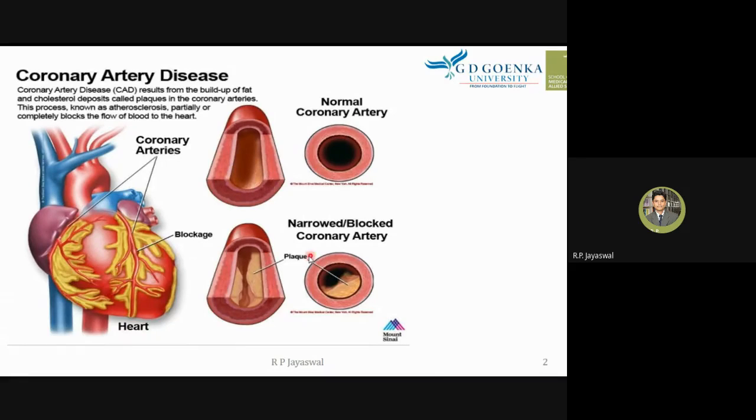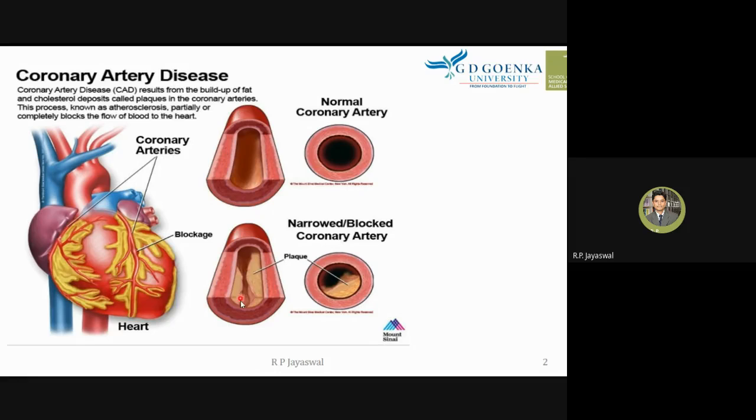This one is an abnormal coronary artery compared to this normal coronary artery. You can compare this image with this one, right? Here we have plaque formation inside the lumen.